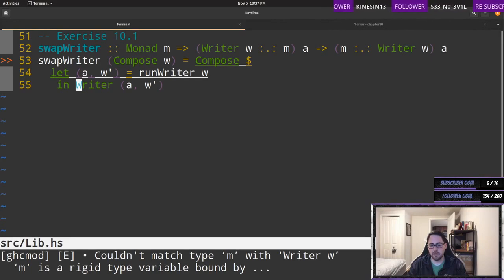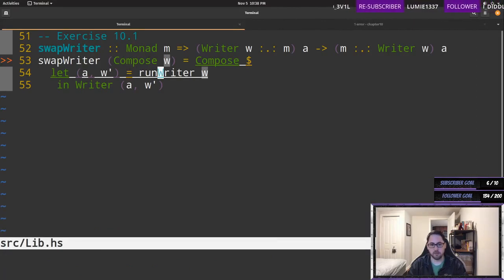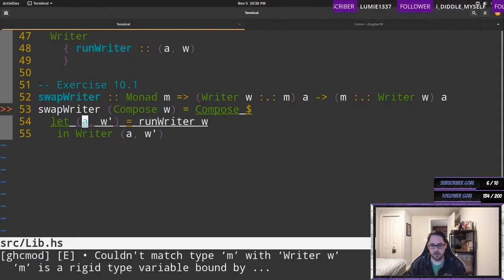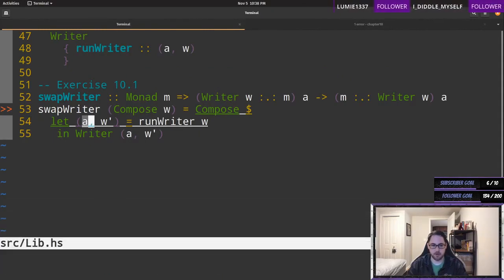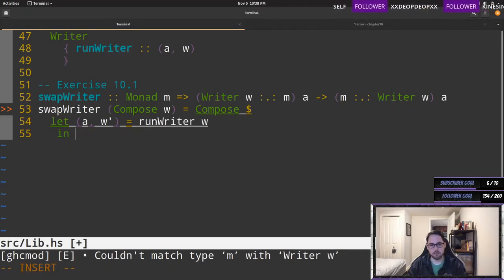So what does it mean to have... What is the type of this again? It's a writer with a monad inside of it. Right. So this A has a type M A, right? Yeah. So I need the monad outside.